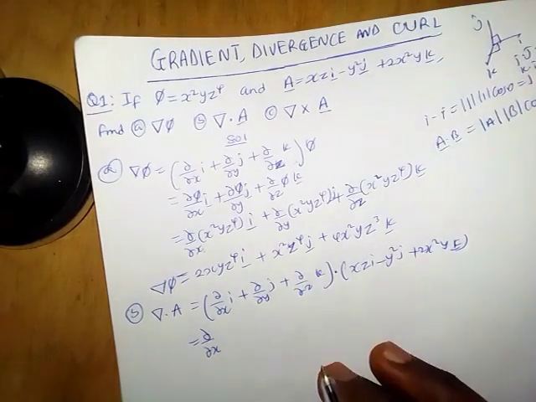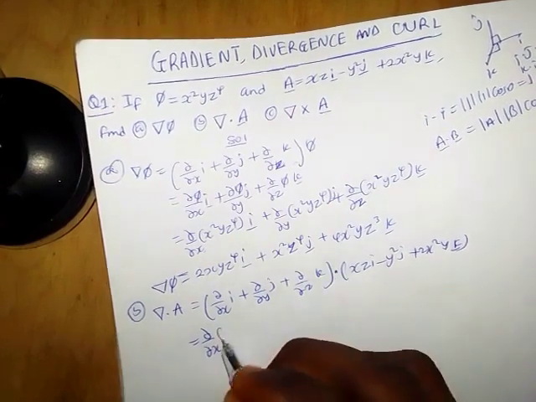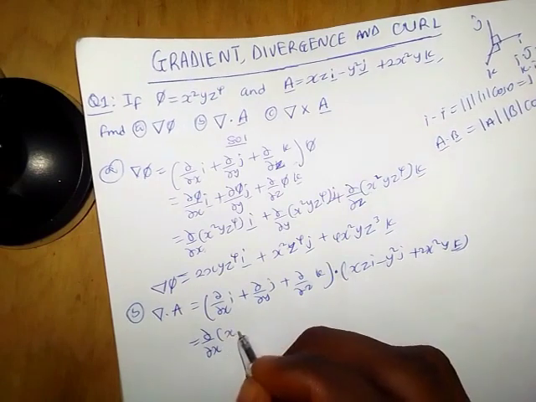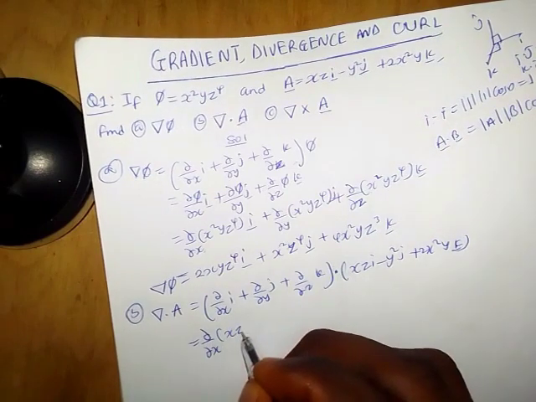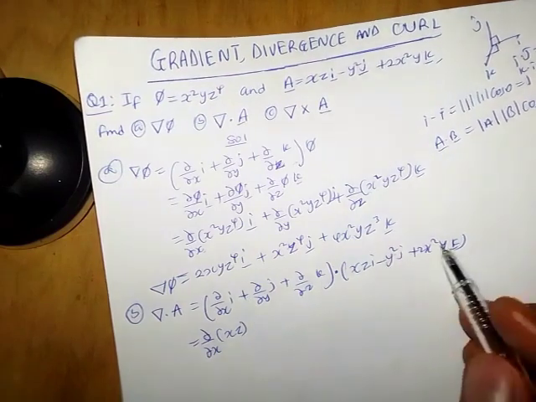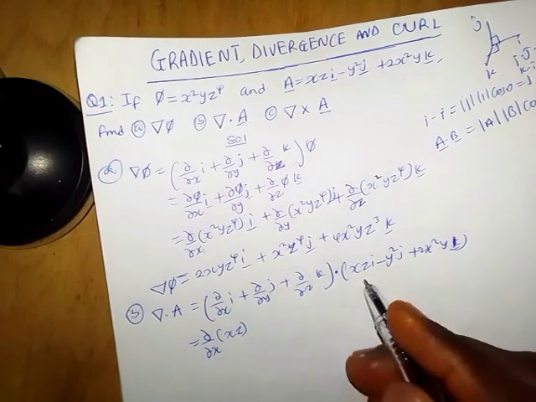So now continue with our expression. We impose partial x on this component, we have xz. Since i dot j is 0, all this will just vanish, so we are left with i dot i.